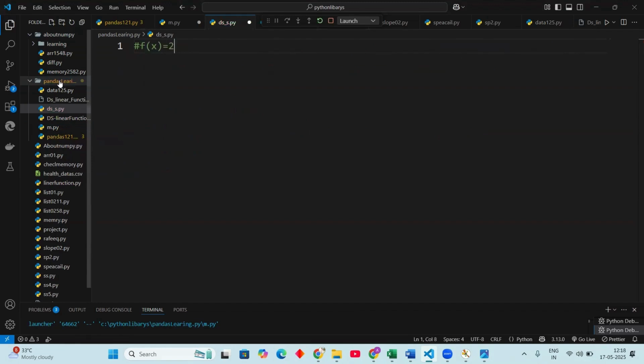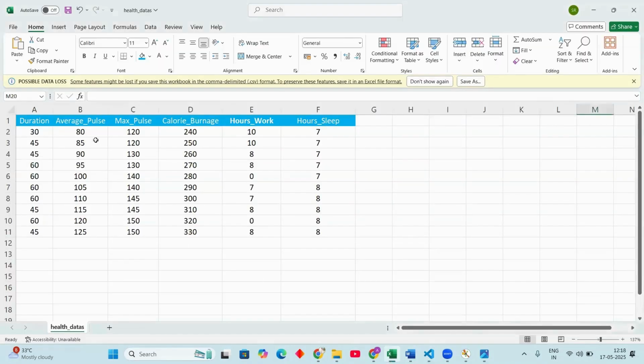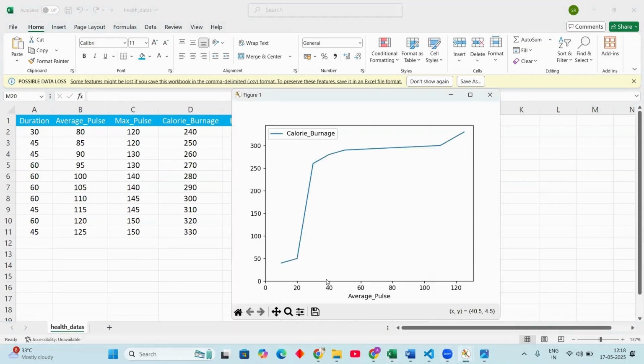It equals 2x plus 80, right? For the equation, see here, the average pulse was increased by 10 or 20 in the range. We can see in the graph it is increasing by a range of 10 or 20.